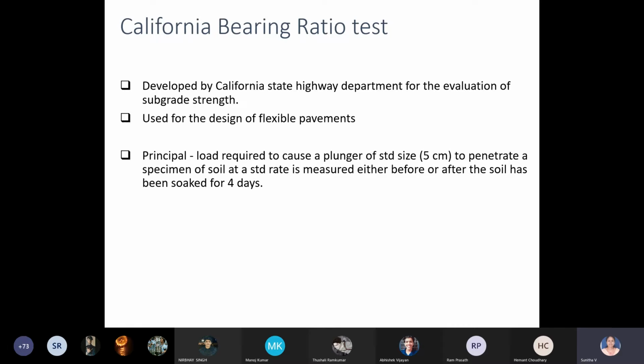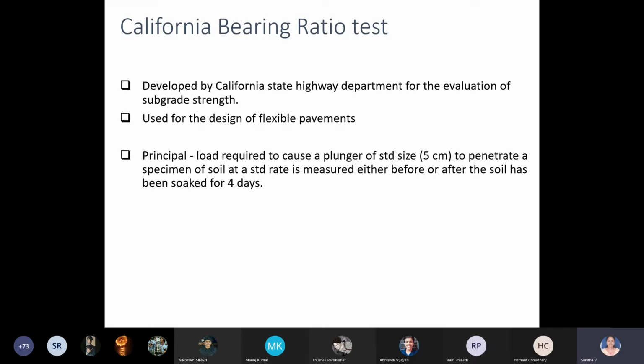Okay. The standard plunger size is 5 centimeter, and usually you will be doing a 4 days soaked CBR test. Soaked test means you prepare the sample and soak it in water for 4 days, to check for an unforeseen saturated condition.